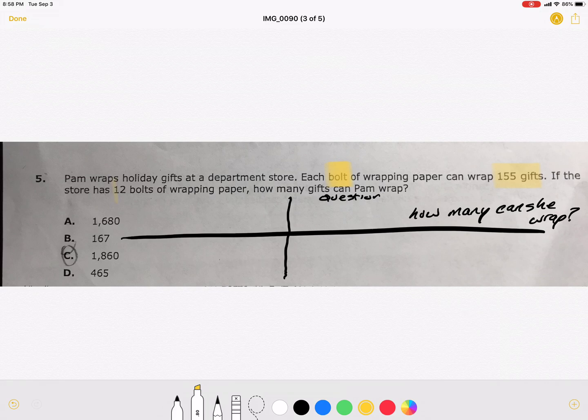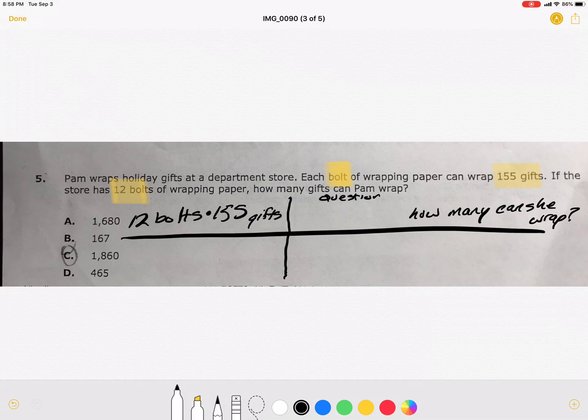She has 12 bolts. So, 12 bolts times 155 gifts.